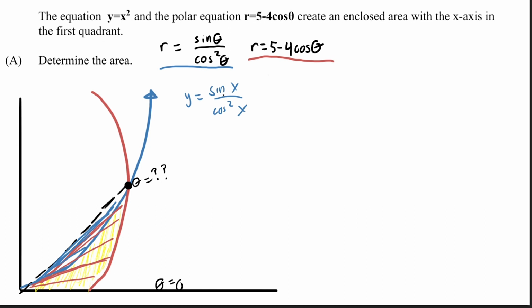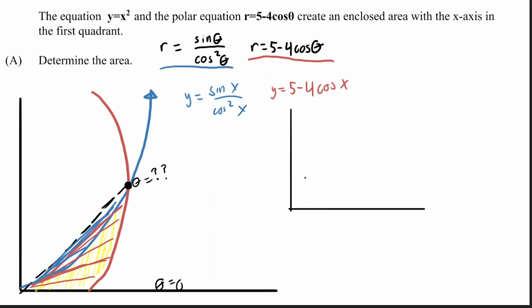And so this won't look the same when I graph it in rectangular form, but it will still have thetas and radii. And so let me do the same for the other equation. We have y equals 5 minus 4 cosine x. And now when I graph these two equations, I can find where the radii are equal given theta.